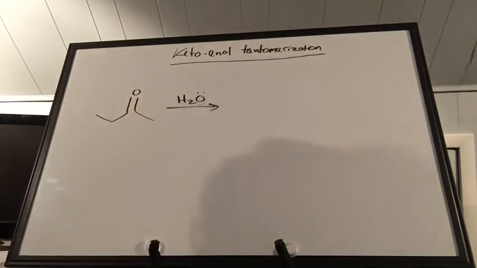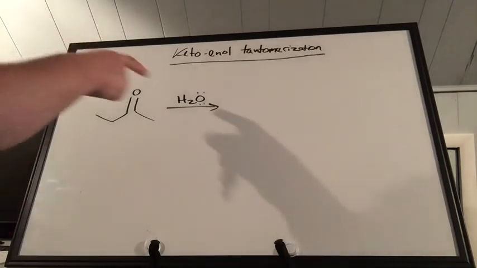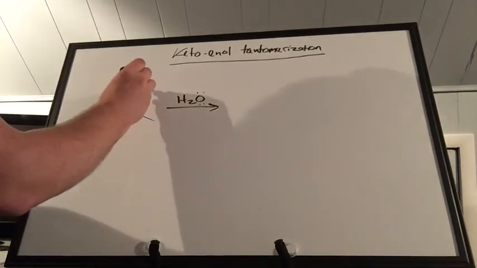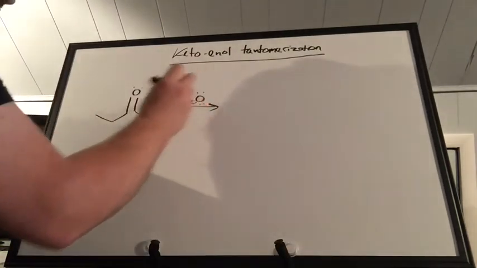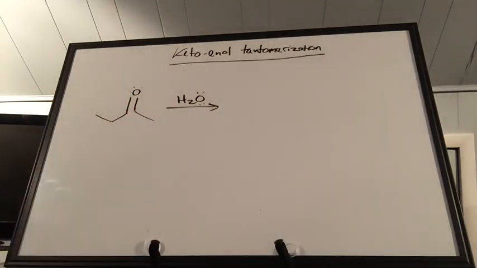And remember, if we're thinking about acidity here, because this is going to be a very poor acid to protonate that oxygen up at the top there of that ketone, we're going to think of what is the most thermodynamically stable ion that you could form.